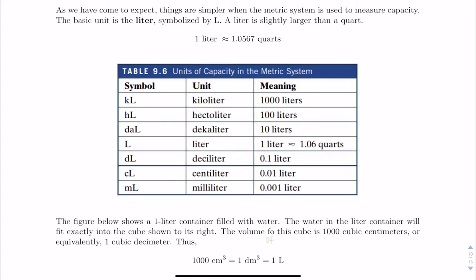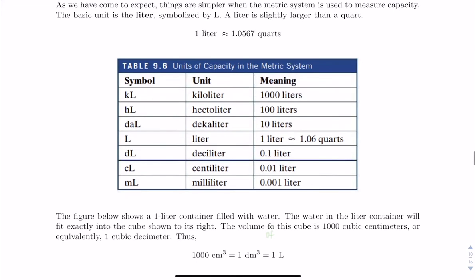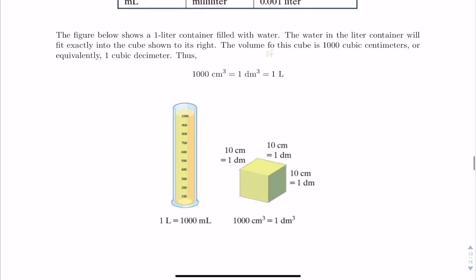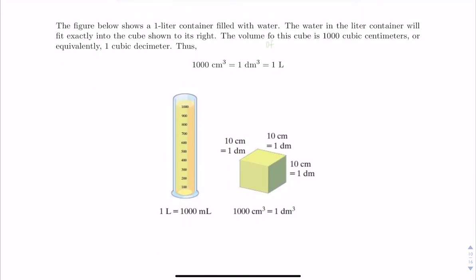And so the figure below shows a 1 liter container filled with water. The water in the liter container will fit exactly into the cube shown to its right. The volume of this cube is 1,000 cubic centimeters, or equivalently 1 cubic decimeter. Thus, 1,000 cubic centimeters is the same as 1 cubic decimeter, which is 1 liter.